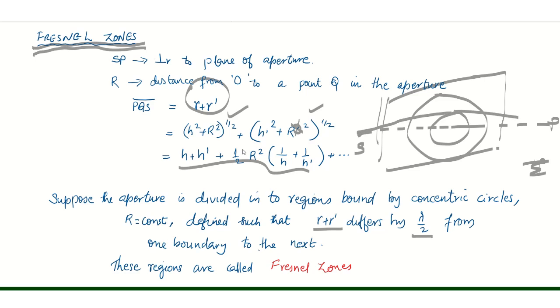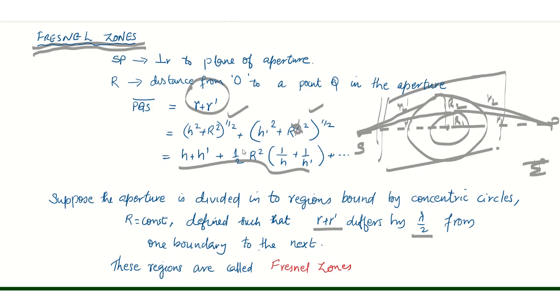This ray, which is here, and this. Now here we have R1, and from this R2. This is, let's say, R1 prime, R1, R2 prime.